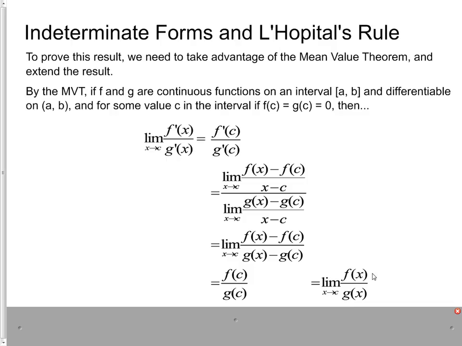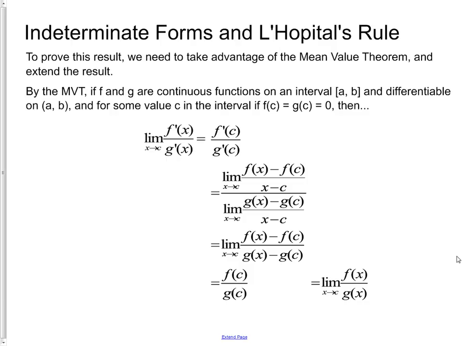We stated that f of c and g of c are equal to 0, and that was the limit as x approaches c of f of x over g of x. Therefore, it must be that the limit as x approaches c of f prime of x over g prime of x is the same as the limit as x approaches c of f of x over g of x. See? So that kind of works out.